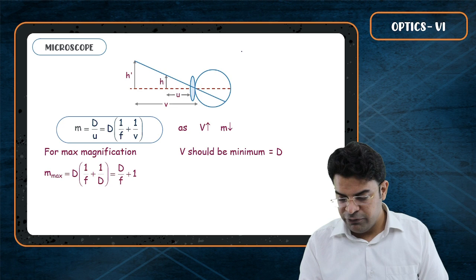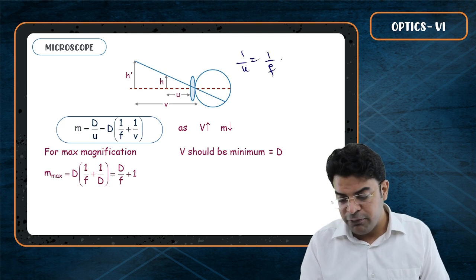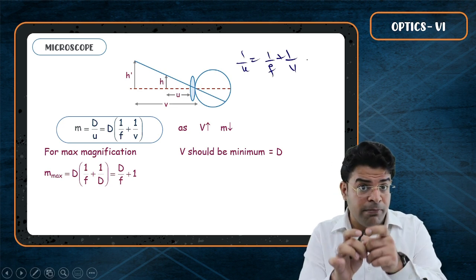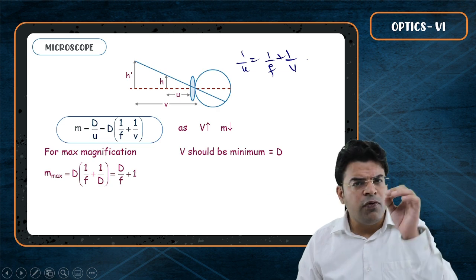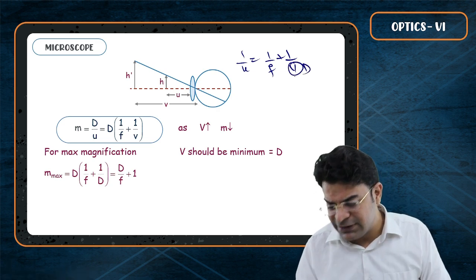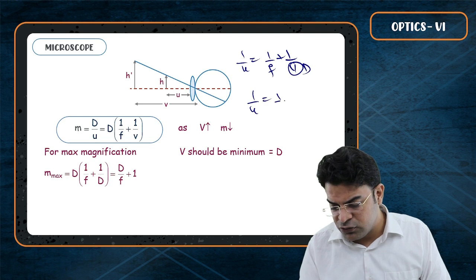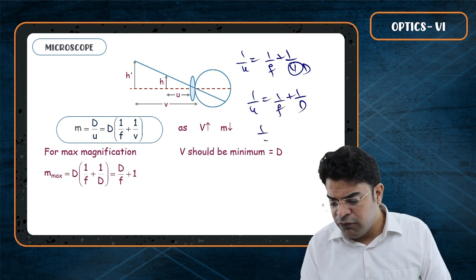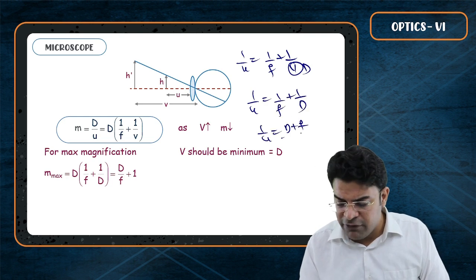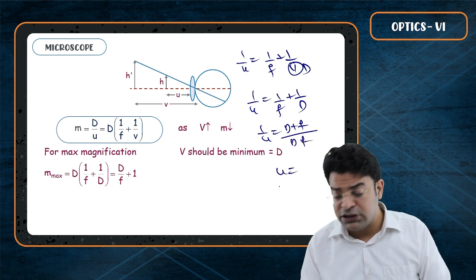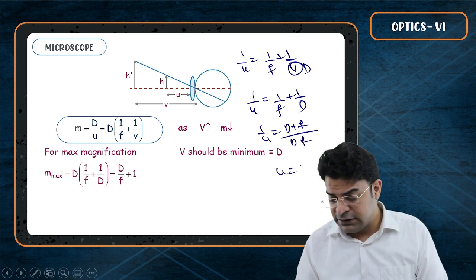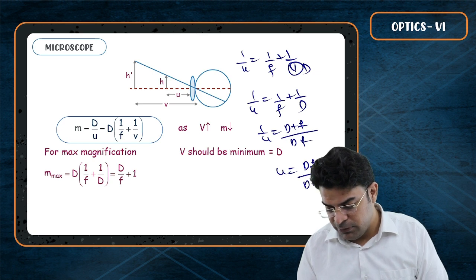We know that 1/u = 1/f + 1/v when we are talking in terms of magnitude only. If you want the final image to be at a distance d, then 1/u = 1/f + 1/d, or 1/u = (d + f)/df, or the distance of the object from the lens has to be df/(d + f).